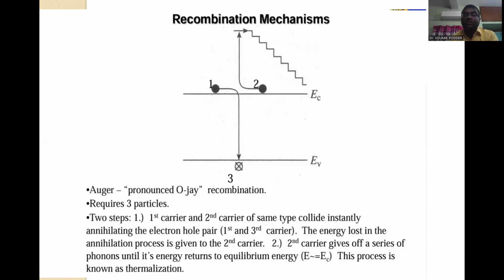The energy lost in the annihilation process is given to the second carrier. The second carrier gives off a series of phonons until its energy returns to the equilibrium energy, E nearly equal to EC. This process is called thermalization. So this is another process of Auger recombination.